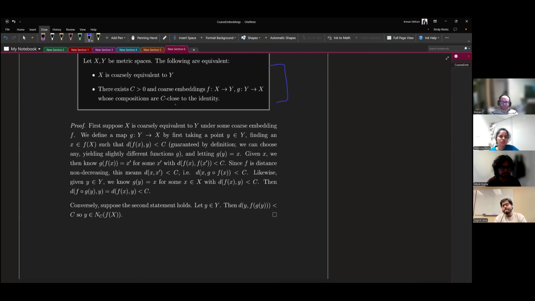If you have the second condition, if you choose some point in your space y, then we know that y and f g of y are both, the distance between them is less than C, because it's C close to the identity, the composition here. And that just gives us a result immediately. And vice versa. So the second condition is a priori much stronger than the first one. And the goal is to prove they are equivalent here. Any questions on that?